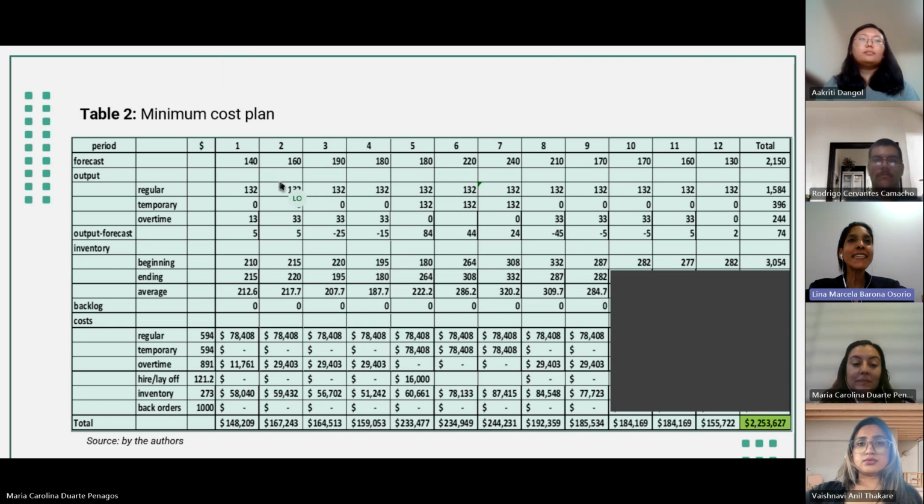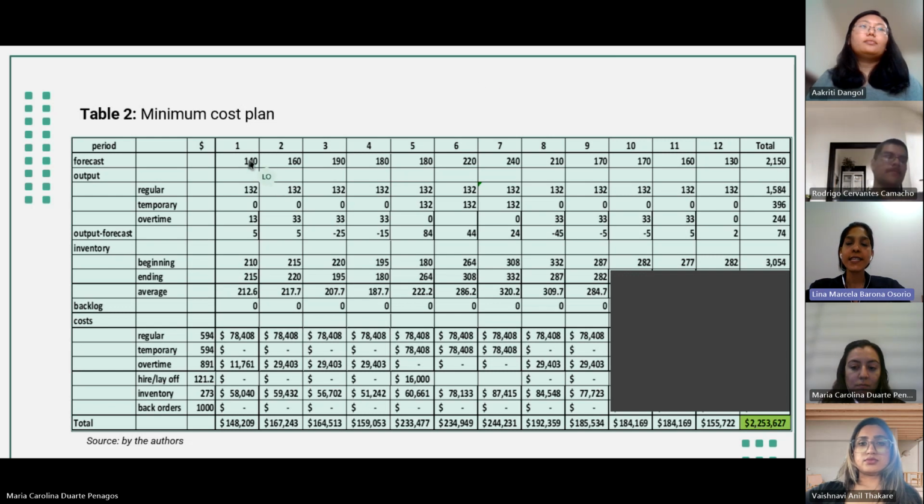Okay, good, thank you. So now to do the calculation, we apply the following 12 months in the company to try to certify the total forecast, the demand, and a minimum cost. We have the forecast here.